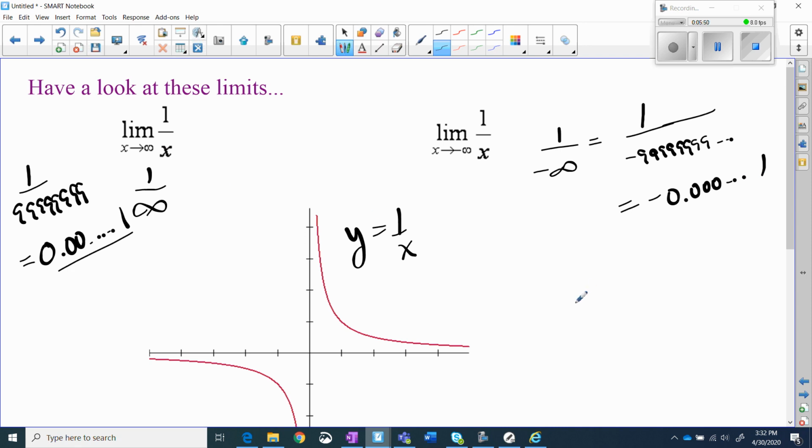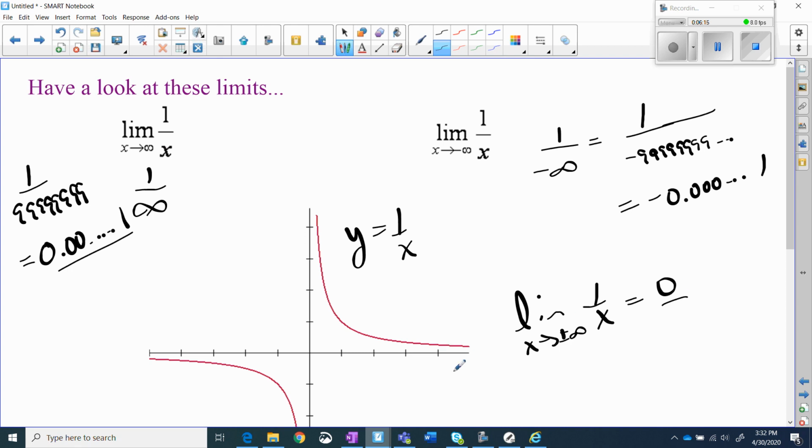So in this case, if you have a limit of 1 over x, as x is going to plus or minus infinity, it won't matter which, you are going to always be getting closer and closer to 0. One of them's just on the positive side of 0, the other one's just on the negative side of 0, but it doesn't matter. Both scenarios are getting closer and closer to the number 0.